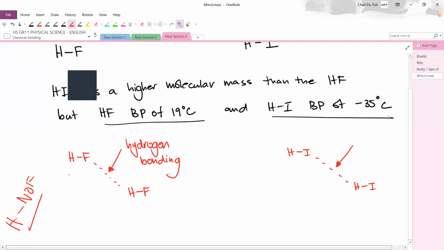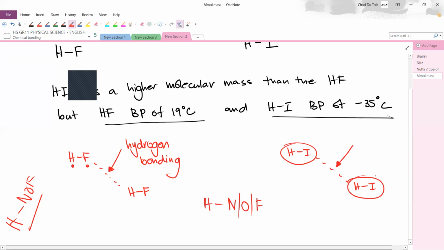Why? It's because there's hydrogen connected to either nitrogen or oxygen or fluorine. What then? Then we have hydrogen bonding. It's a special type of dipole-dipole force.